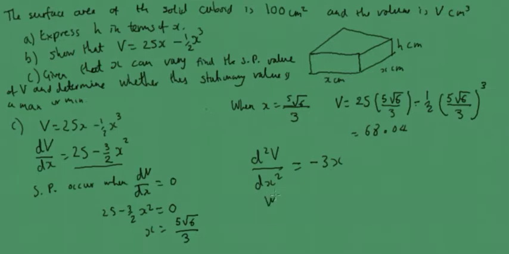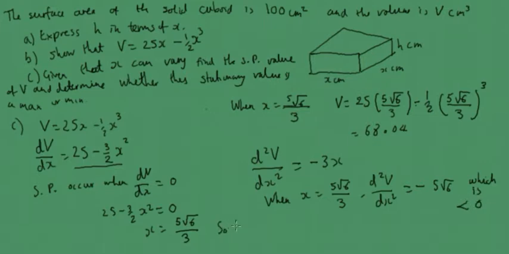And when x is 5 times the root of 6 over 3, the second derivative is going to be minus 5 root 6, which is less than 0.